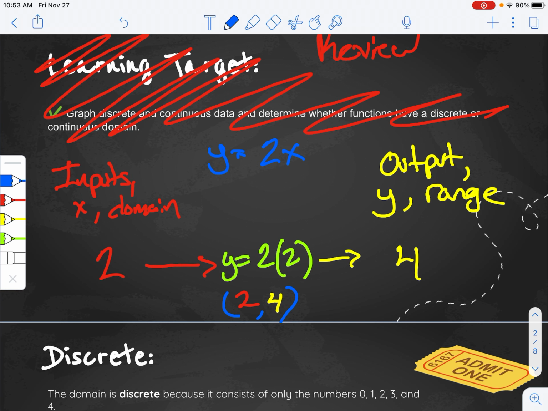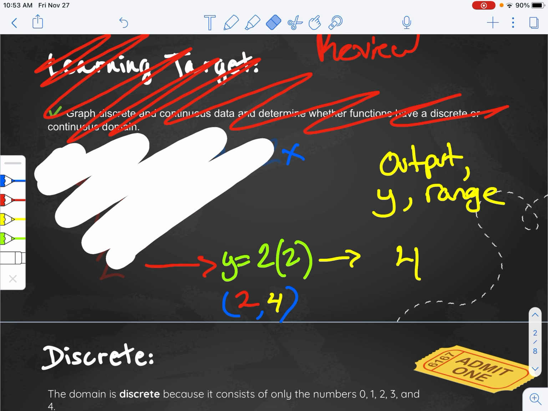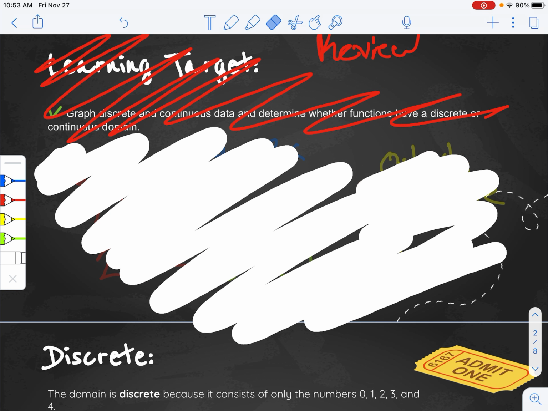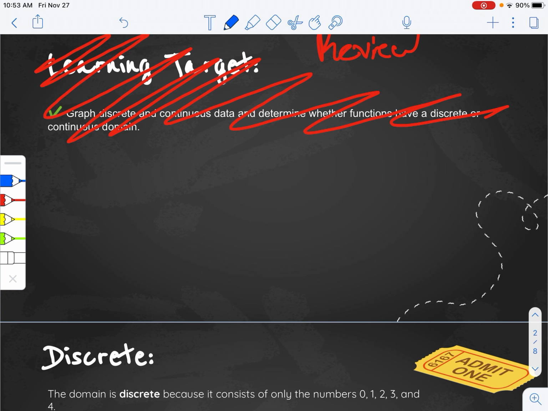Now, in that extension video, we talked about how something can or cannot be a function. How do we determine if something is or is not a function? The most important thing about that video is that something cannot be a function if it repeats x values. So let's take our y equals 2x.